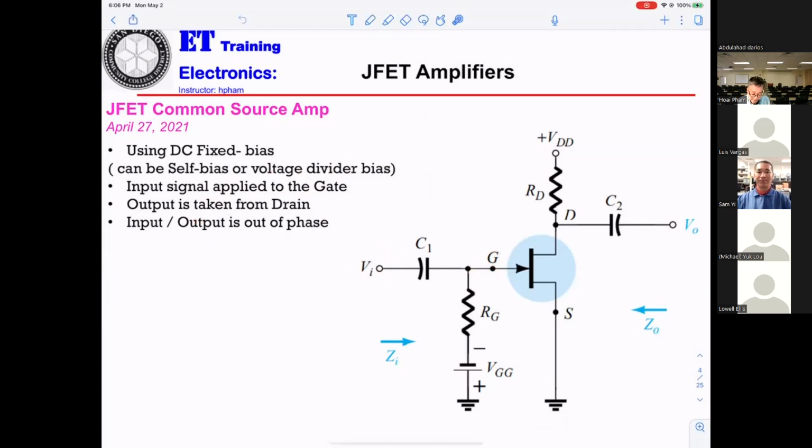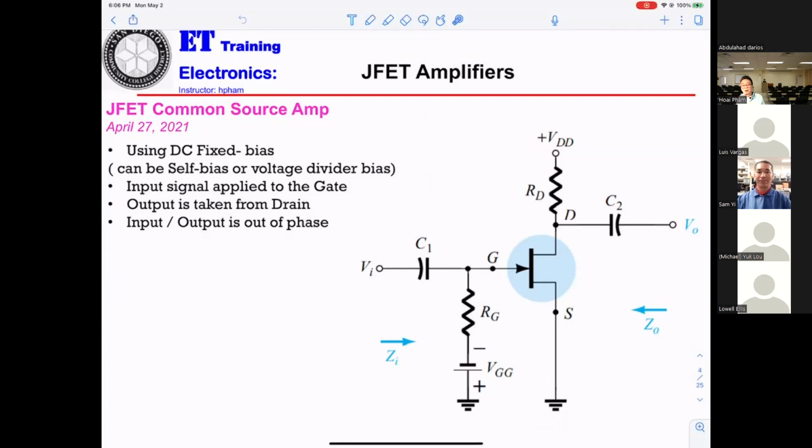Output is taken from the drain. And also input and output will be out of phase. Input positive, output negative. Input negative, output positive.